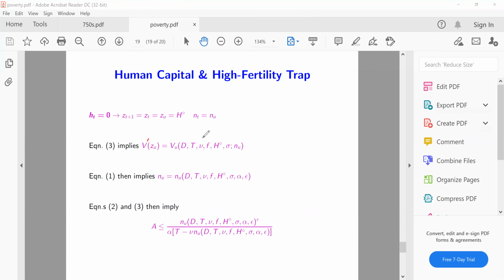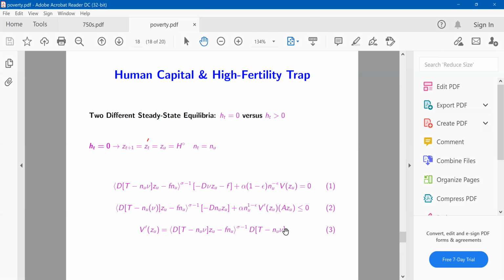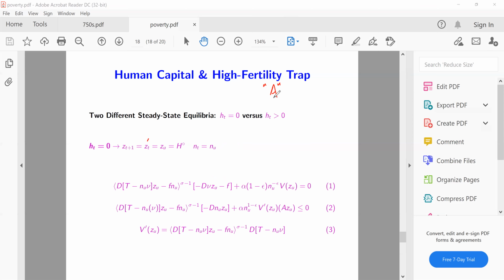So you define that, right? How do you write that? Well, clearly, it only depends on these parameters. And more specifically, it does not depend on A, right? It does not depend on education technology. The education technology parameter will be the important parameter here, okay?